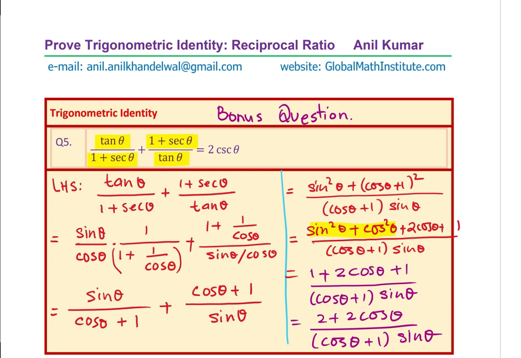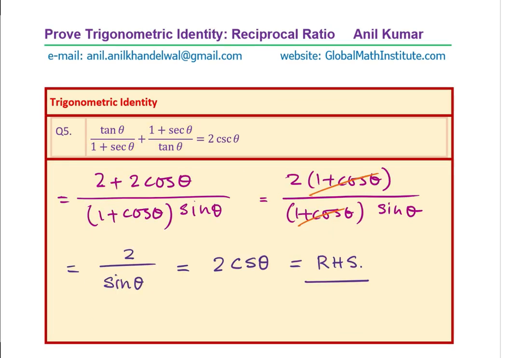Then again, we took the common denominator and cross multiplied, getting the result sine square theta plus cos theta plus 1 whole square. Expanding and simplifying, we got 2 plus 2 cos theta, which further factoring and cancelling the factors, we simplify to the right hand side.